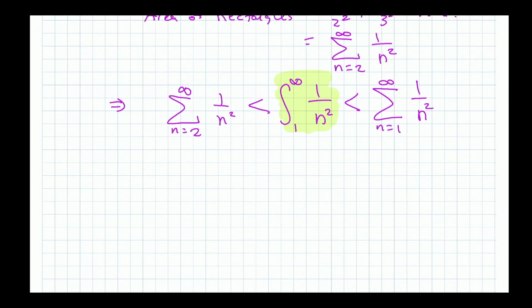All right, so I'm not going to prove that any further, but I'm just going to make a statement here. The idea behind the integral test is this. One of those two sums is smaller than the integral.